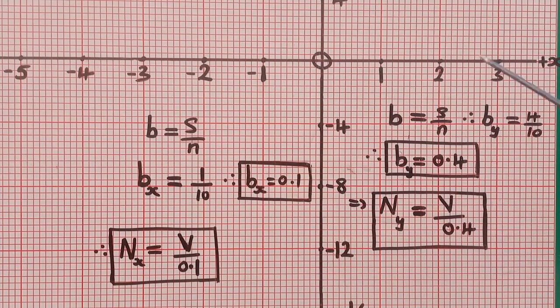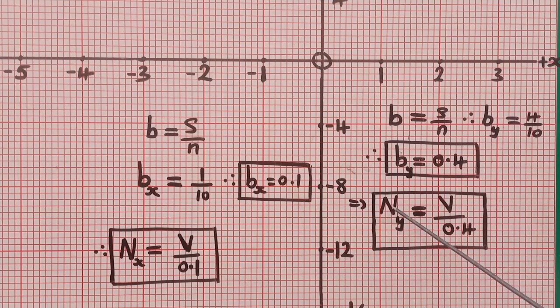Now, ultimately, we have it that the number of unit boxes we count to locate a value is equal to v over 0.4. Meaning, whenever I want to locate a value along the y-axis from the table, just take the value you want to locate, place it here, and divide by 0.4. Whatever it gives you is the number of boxes you must count to reach that value.